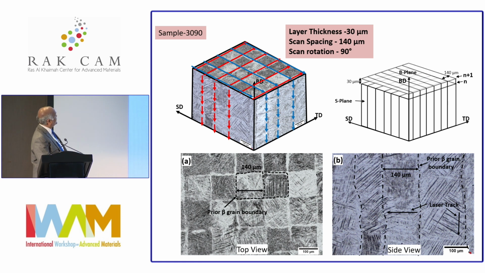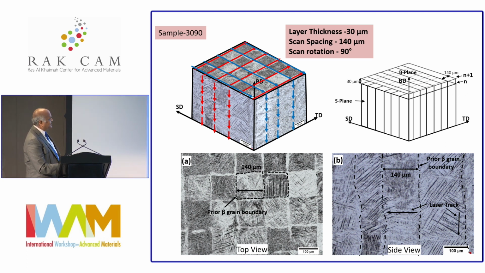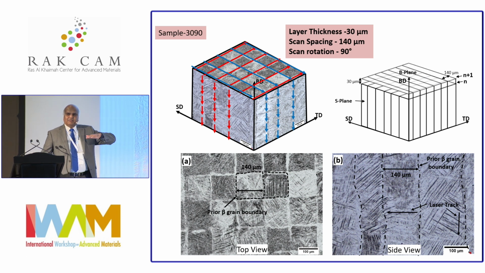So for example, if we use a layer thickness of 30 microns and a scan rotation of 90 degrees, you get a very interesting square-shaped grains on the top. If you look at the top, you get these square-shaped grains. But on the side, the epitaxial growth conditions prevail. What I mean is, once I deposit a layer, the grains that are already there act as nuclei for the subsequent layer.